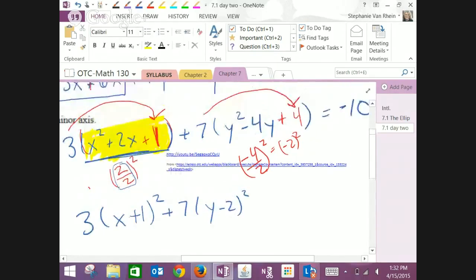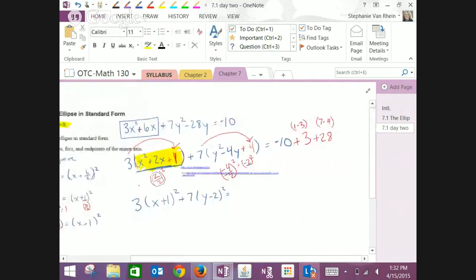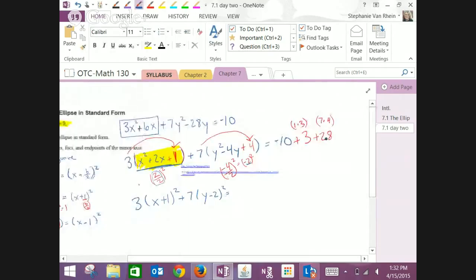You always add a positive number, but when you complete the square, you have to look at what's below in parentheses here. So this would be minus 4 over 2, which is minus 2. So that's where you drop down here. Equals, what's minus 10 plus 3 plus 28? 19? 21?